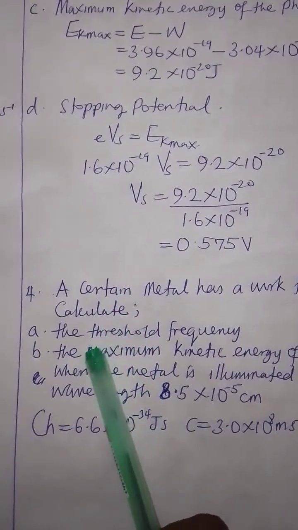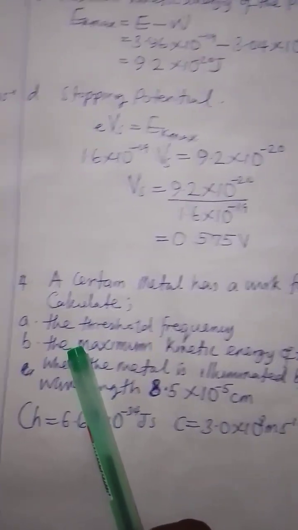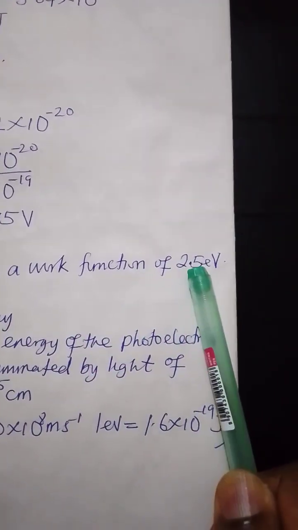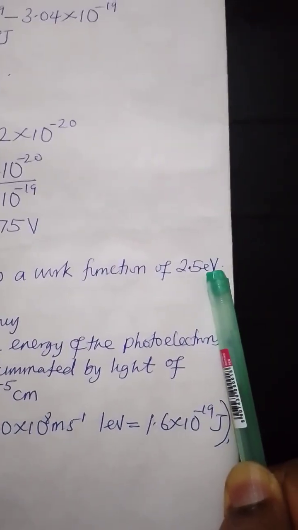I urge you to attempt number 4. What does number 4 say? A certain metal has a work function of 2.5 eV, that is electron volt.